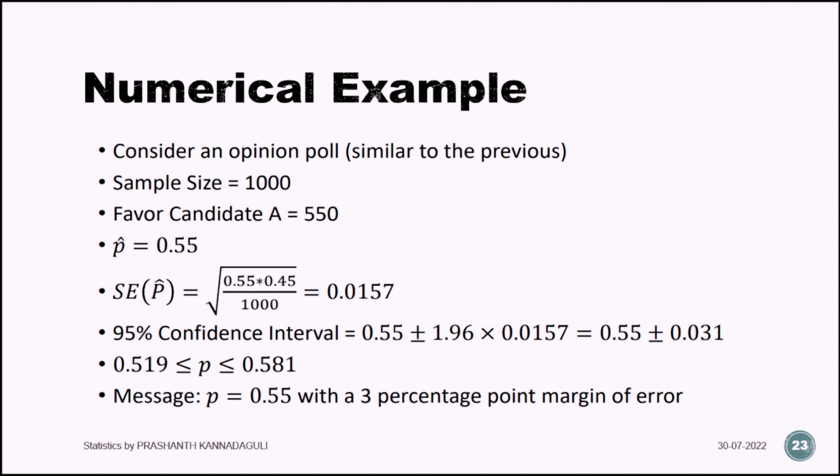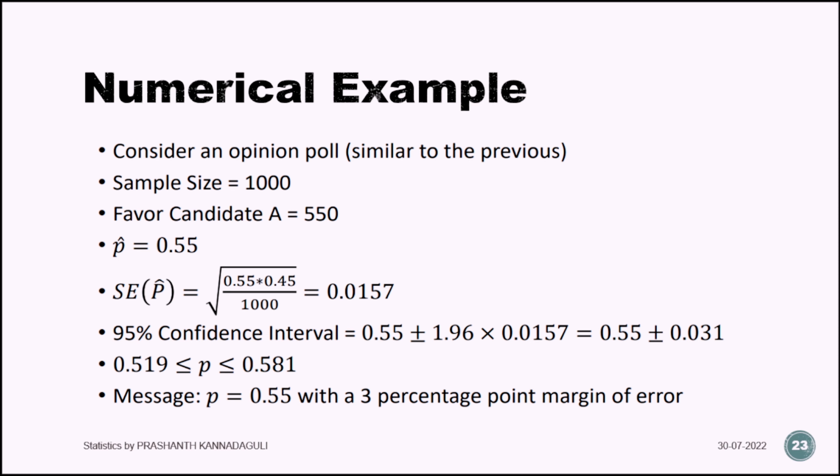So this is the standard error of P cap we just calculated. That means 0.55 plus or minus 0.031. I'll give you time to do the analysis, but let me finish this explanation. So 0.55 minus 0.031 is the lower one, and 0.55 plus 0.031 is the upper one.